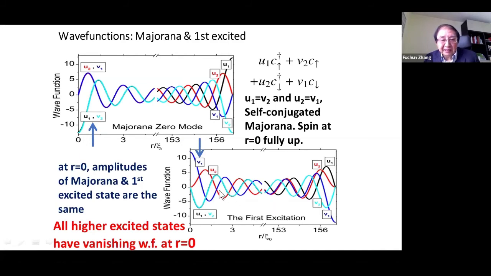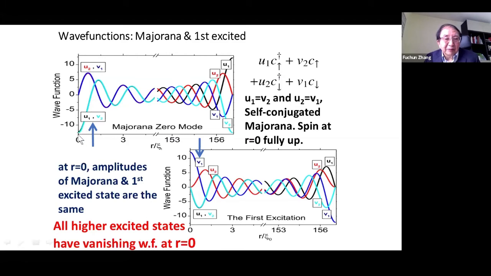And what this lower panel shows is the first excited state. The first excited state has, at R equals 0, a V1, U2, where V1 is non-zero. So this is a complete spin down, the first excited state. And you may ask about many other states, and simple algebra shows that at R equals 0, only two cases are non-zero.